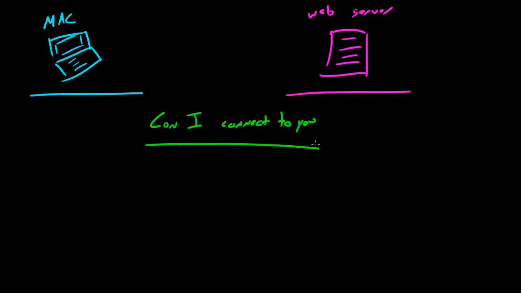This is the first exchange, and what the web server does is, if it has permission, it says yes. For example, if it's a personal home server, it's going to of course say no. But since this is my web server for thenewboston.org, best website ever by the way, the web server is going to say, yes, you have my permission.